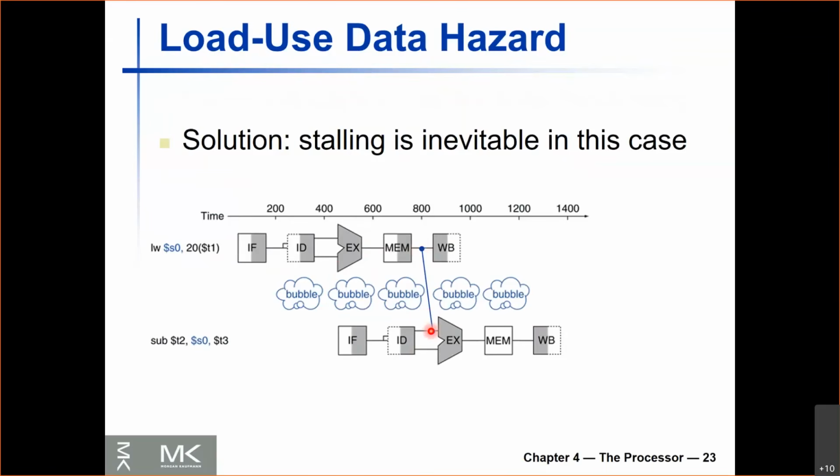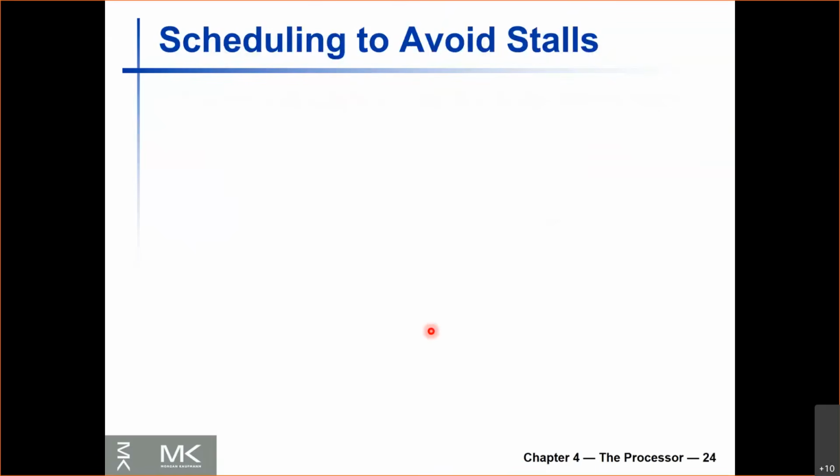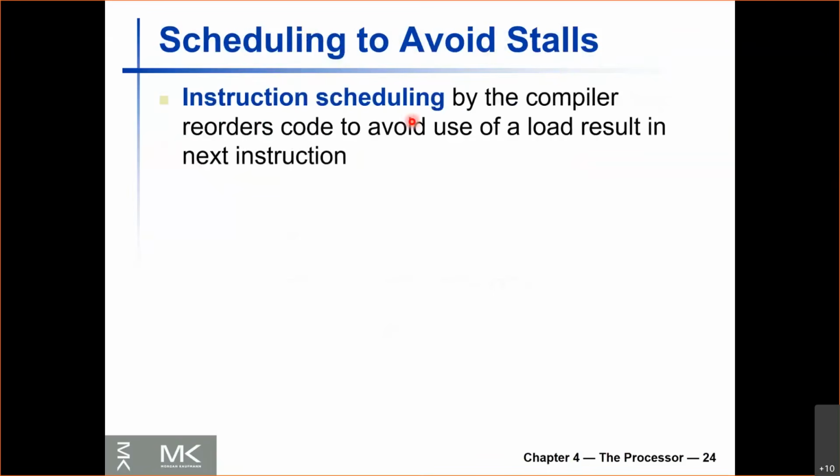All right, great. Before I talk about the next hazard, the compiler can actually apply some optimizations to avoid these kinds of stalls. For example, one common optimization is instruction scheduling, where the compiler reorders the code to avoid having a load instruction immediately followed by a use of the value that was loaded.